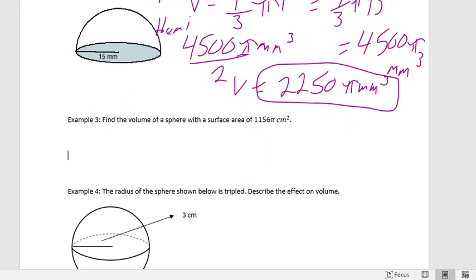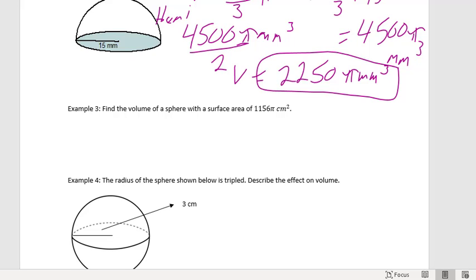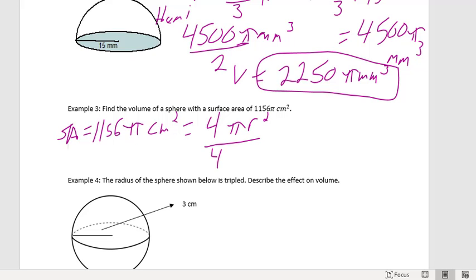All right, we can also work backwards. If we have a surface area, we can then find the radius and use that to find volume. So in this example, the surface area is 1156 pi centimeters squared. And since our formula for that is 4 pi r squared, divide both sides by 4 pi.